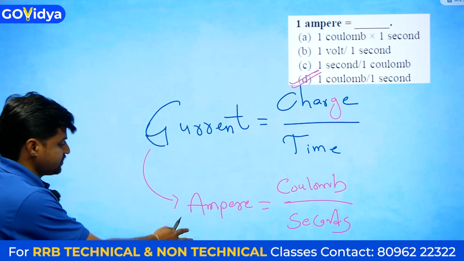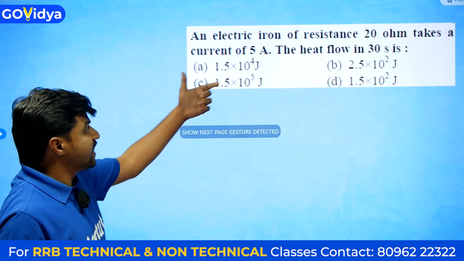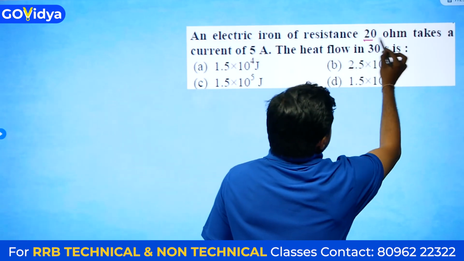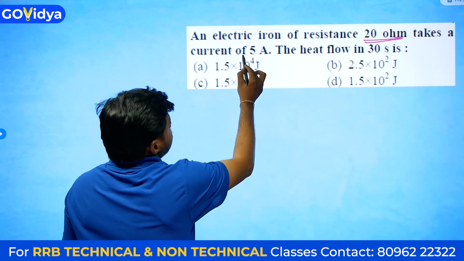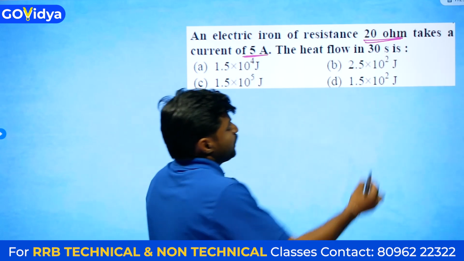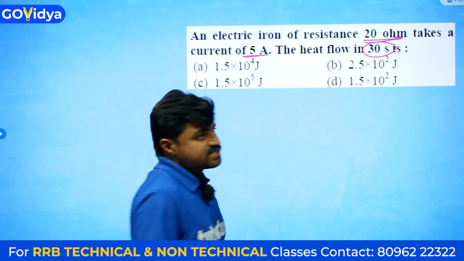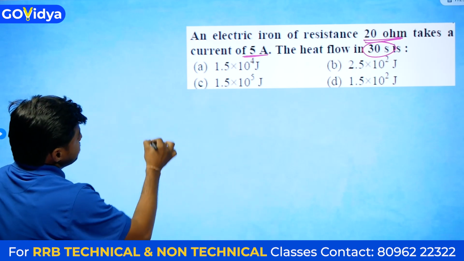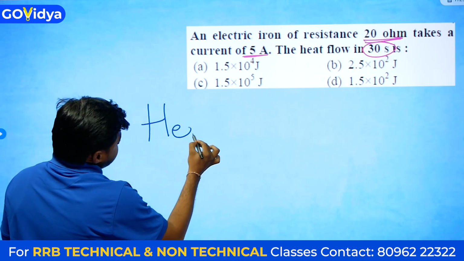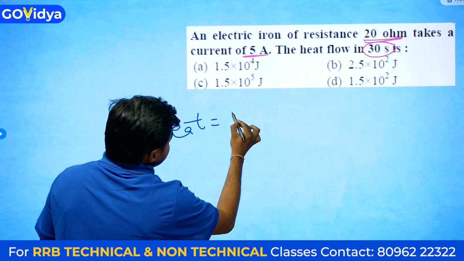Next question. An electric iron having resistance of 20 ohms takes current of 5 amperes. Heat flow in 30 seconds: heat is equal to I square RT.